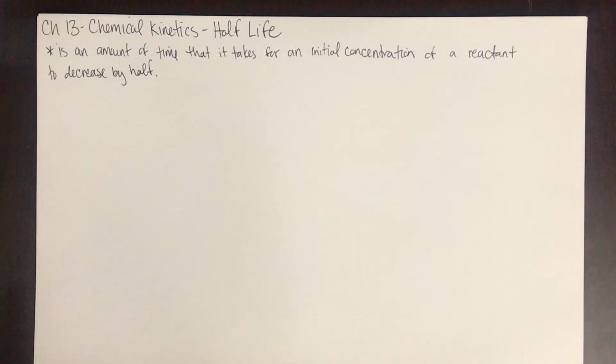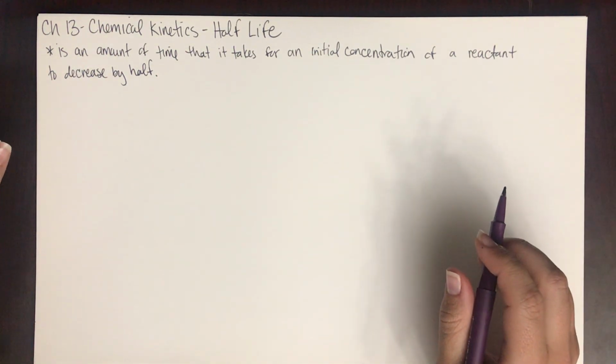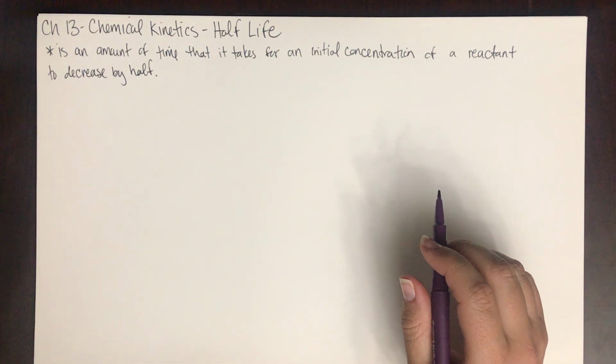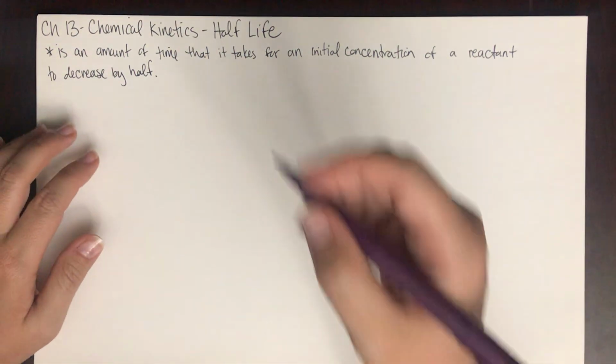So here is an example. It says ammonium nitrate is unstable because the ammonium ion reacts with the nitrate ion to produce nitrogen. So here is the equation.